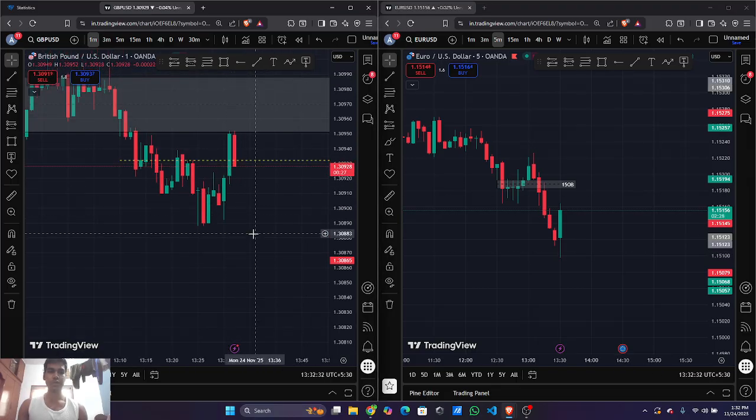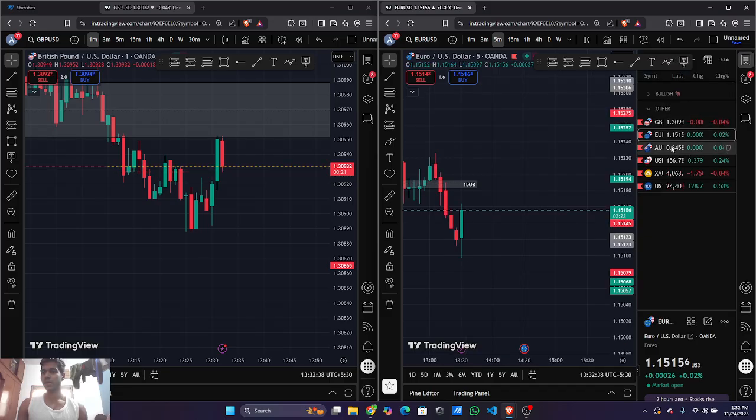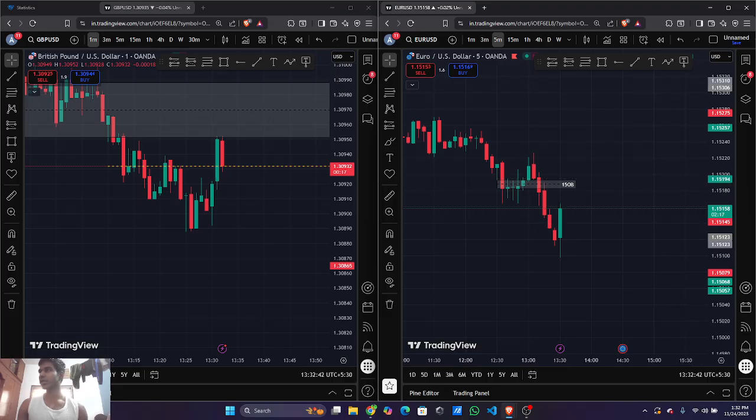So 1-minute breakout structure, and we will enter in GBP. I'm in AUD. JPY is also looking good. Just need that. What do we want? 1-minute breakout structure, and I will enter in JPY.